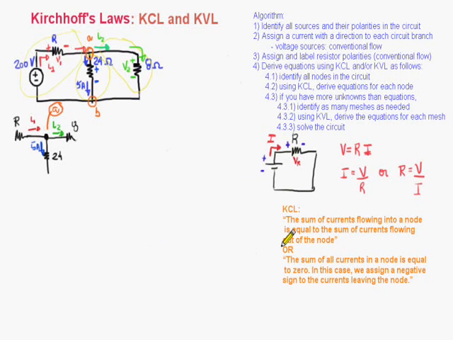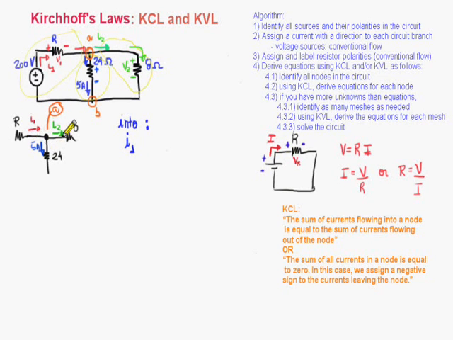So let's see how we apply those rules here. So first thing, let's identify the currents that are flowing into the node and out of the node. So into the node, we have current I1, as we can see right here.